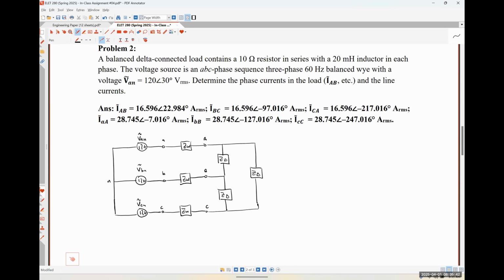So let me take a moment to just write down some information. We're given VAN is 120 angle 30 degrees volts RMS.